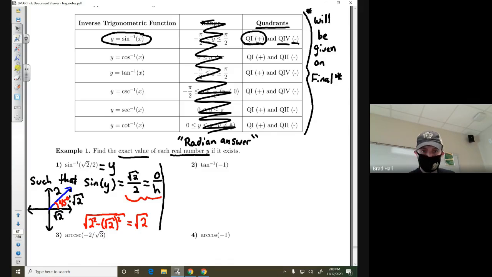So really, what we get is that y is equal to 45 degrees, but we need to express the final answer as a radian measure. 45 degrees in radians is pi over 4. And that is your final answer for this one.